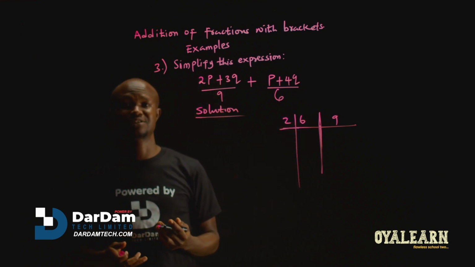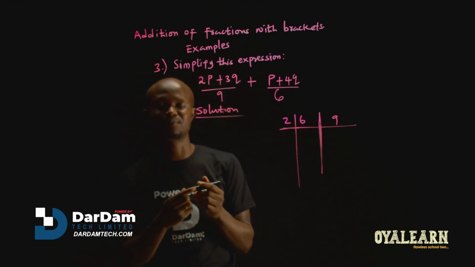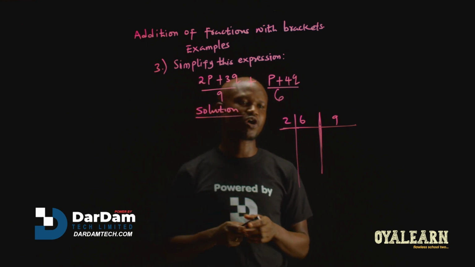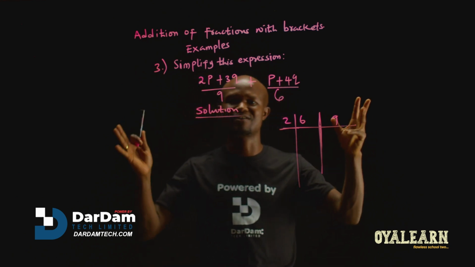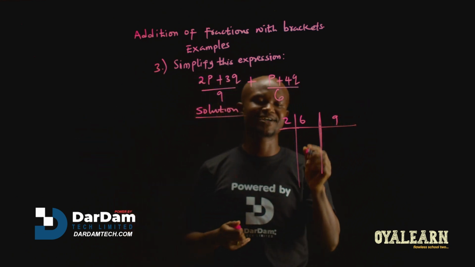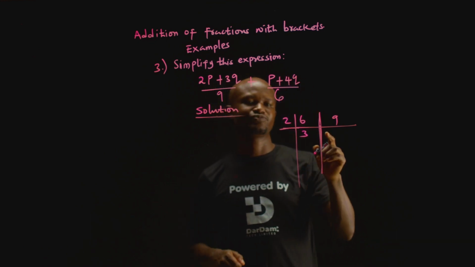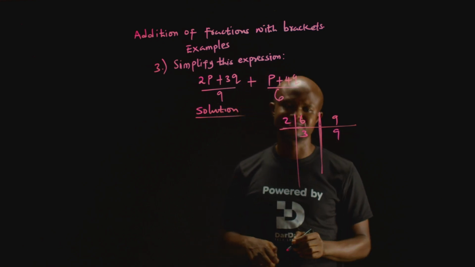We can use 2 as the first number, because for LCM, the lowest common multiple, we must exhaust all the numbers we have here, such that at the end we have 1, 1. So 6 divided by 2, what do we have? 3. Now, 2 is not a factor of 9, so 9 will remain.